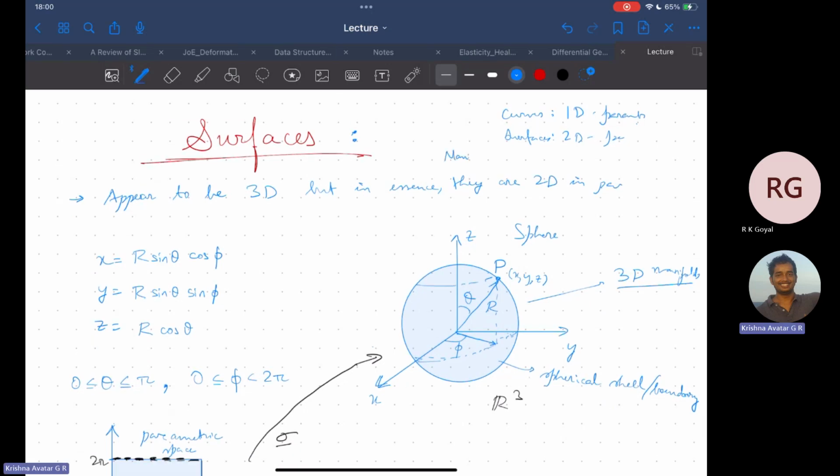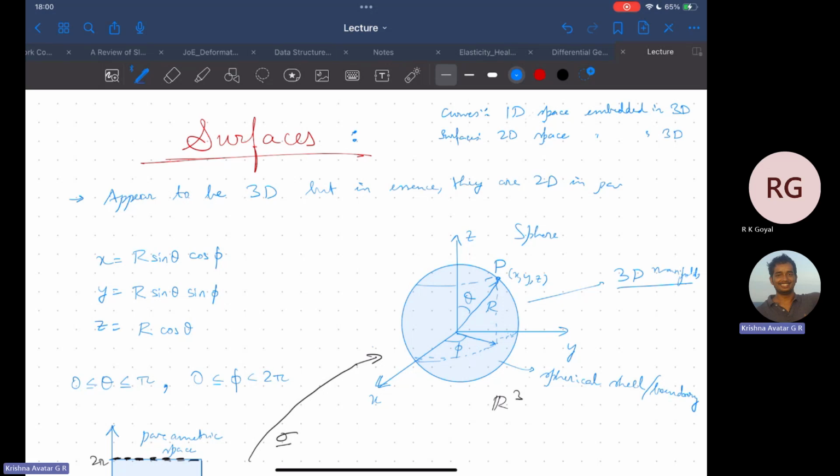It's just that curves happen to be a 1D space embedded in 3D, and surfaces are a 2D space in terms of parameter, which is embedded in 3D. So both of them are eventually 3D manifolds.